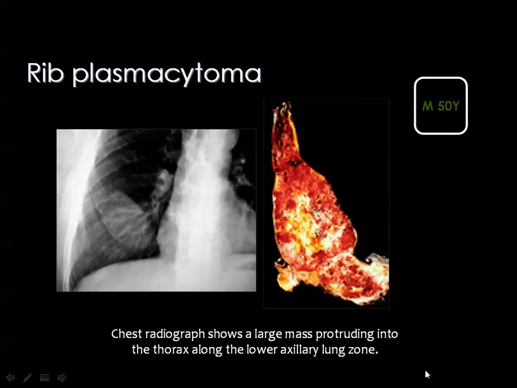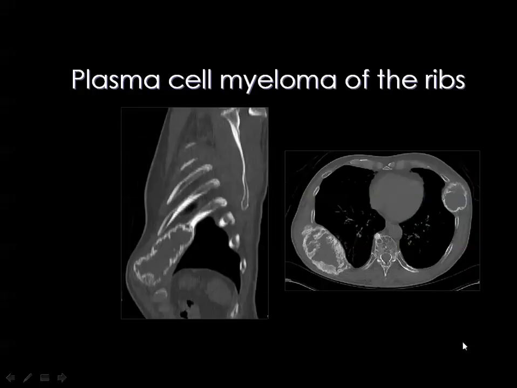Then plasmacytoma is an expanding lesion which is the solitary form of myeloma, and it commonly affects the ribs. As you can see, there is expansion of the anterior part of one of the ribs, and this is suggestive of a plasmacytoma.